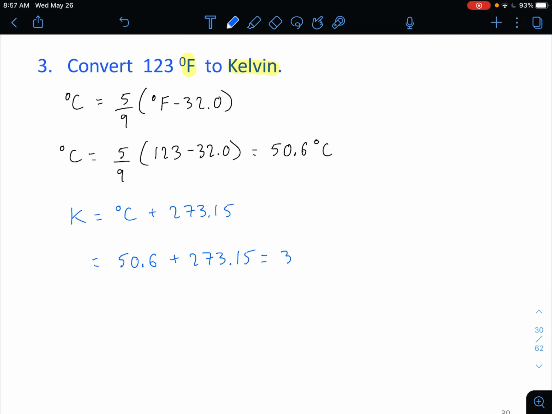So I guess we can call it 323.75 Kelvin. And again, like I said, when we talk about significant figures, we'll be more cautious with all this. Just don't want to get into that right now. Okay, so some basic temperature conversion stuff just to kind of get you into the unit conversion business. And hopefully that all feels pretty okay so far.